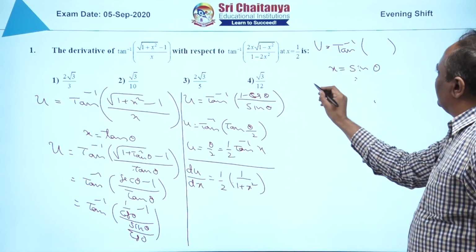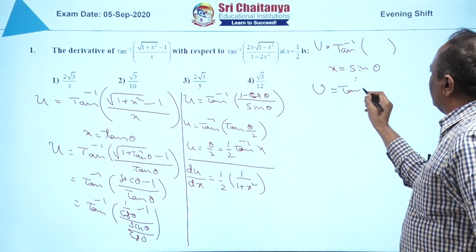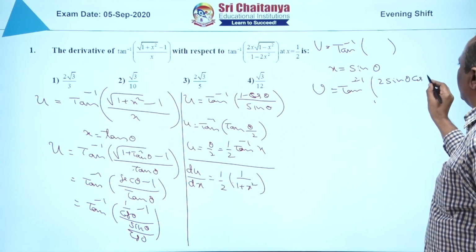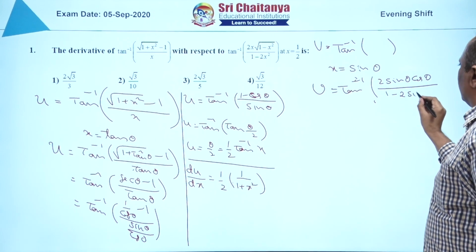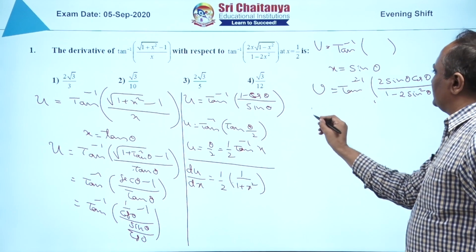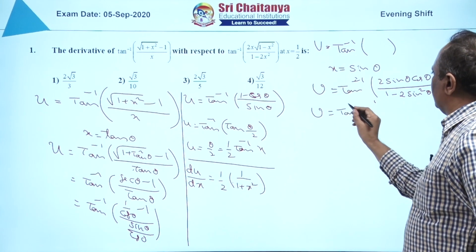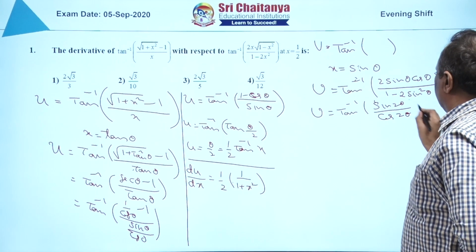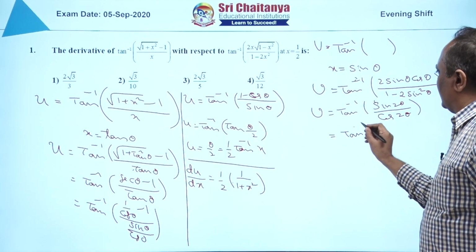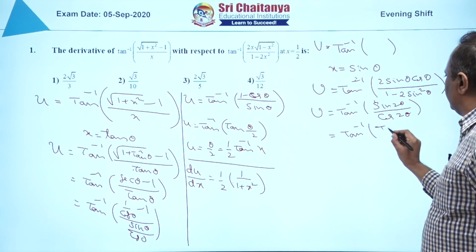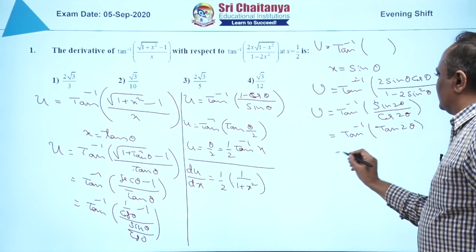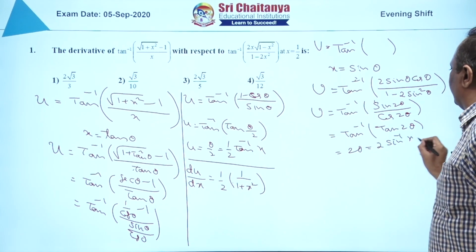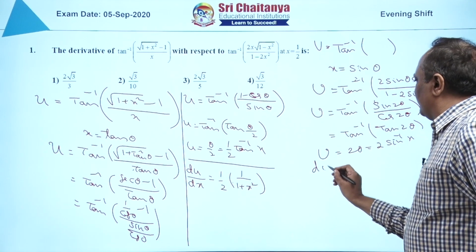By taking x as sin theta, v becomes tan inverse of 2 sin theta cos theta by 1 minus 2 sin square theta, and v is nothing but tan inverse of sin 2 theta by cos 2 theta, that is tan inverse of tan 2 theta. Value of this is 2 theta. In terms of x, that is 2 sin inverse of x. V is nothing but 2 sin inverse of x.